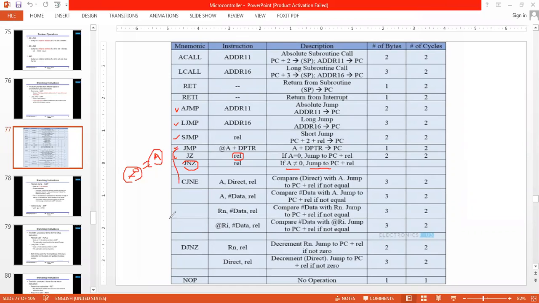All these are conditional jumps. How many do I have? JZ, JNZ, CJNE, DJNZ. We will see what these are. JZ is jump if the A value is 0. JNZ is jump if the A value is not 0.